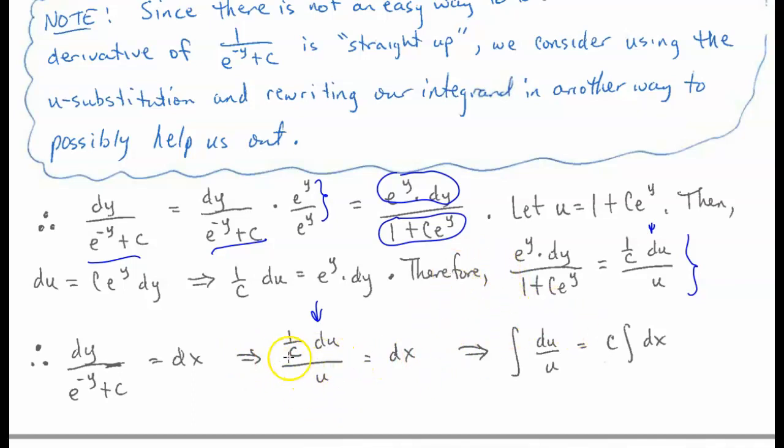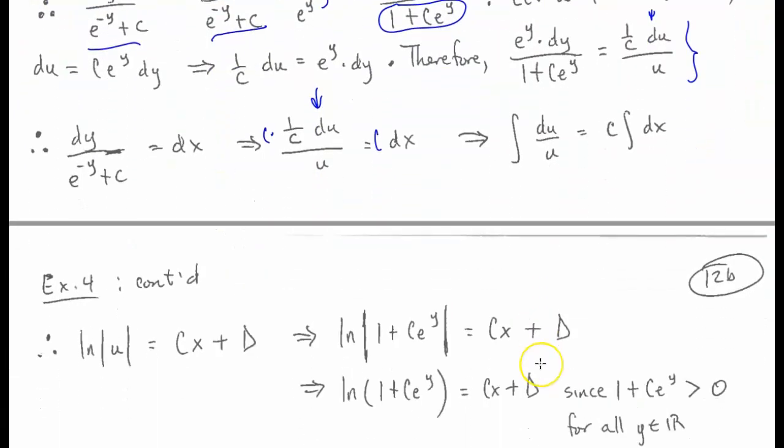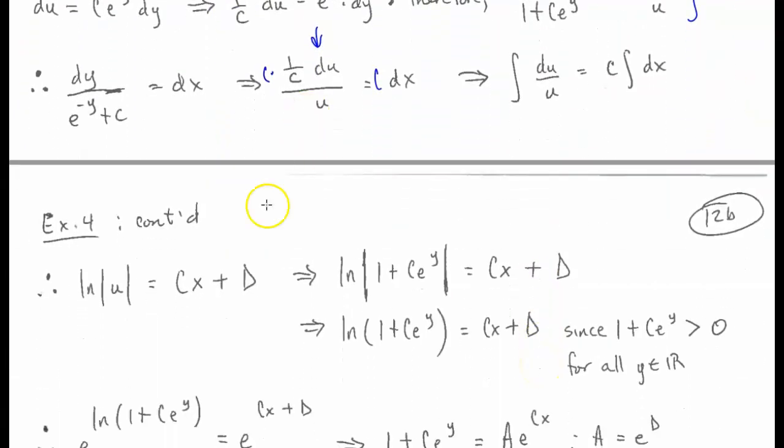And to make life a little easier for myself, I also multiplied both sides of this equation by c. Okay. So once that was done here, of course, antiderivative of 1 over u du is just natural log absolute value of u. Antiderivative of a constant times dx is just going to be that constant times x plus an integration constant.